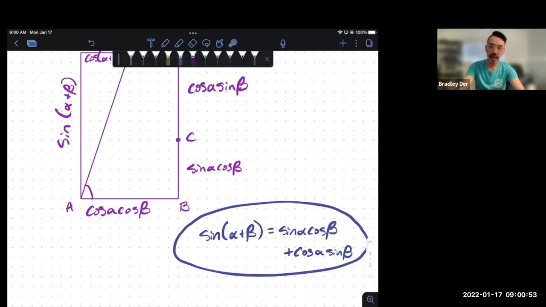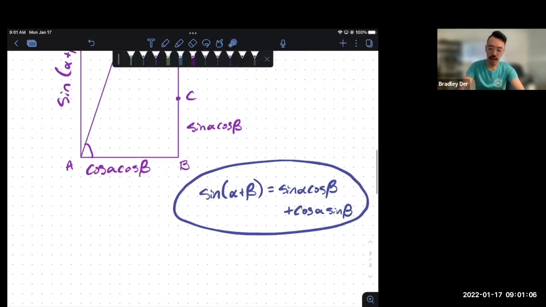Right, just adding these two side lengths together will get us this sine value. Right, and this I think works for what our original problem was. We wanted to know the sine of some angle that we could have broken down into smaller angles. Right, and this will let us just evaluate all of those angles and just put them together in a formula. Right, the sum formula for sine. Et voila.